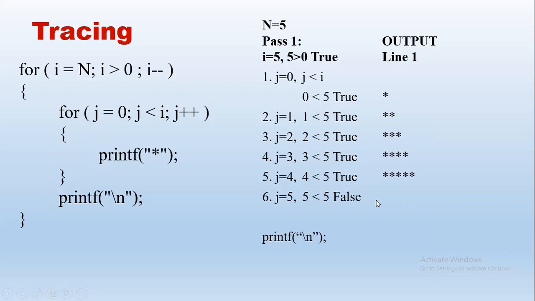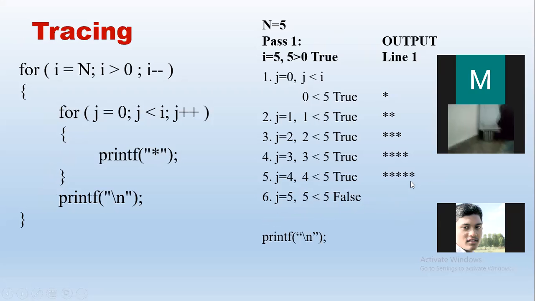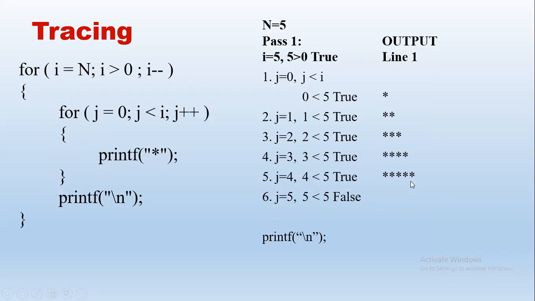Next the cursor comes to the second line. So in pass 1 we have printed the first line, which is star 5 times. Next, what happens to i? i is 5. In pass 2, what is i? Decremented. i is 5, then 4, right?